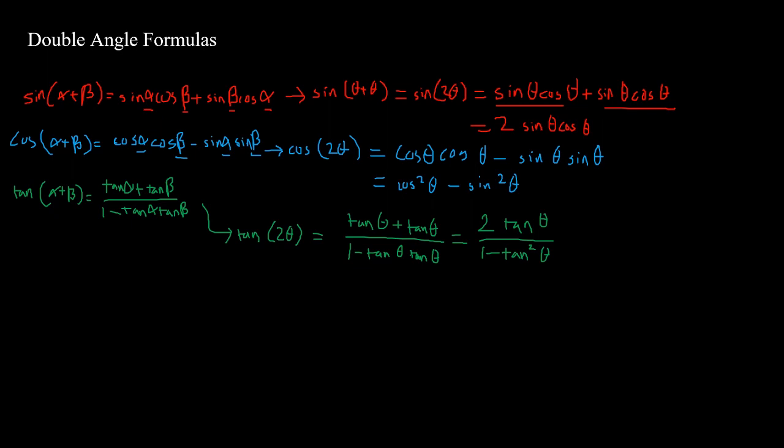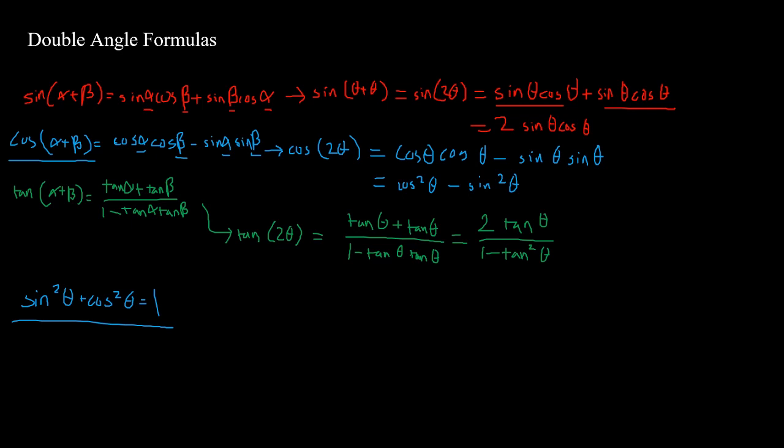I want to go a bit more in depth on cosine, because cosine is a bit interesting. So if you recall, sine squared theta plus cosine squared theta equals 1. If you're not quite sure how we got here, I also made a video on this, and I recommend you check it out.